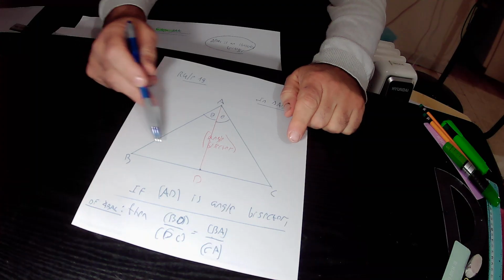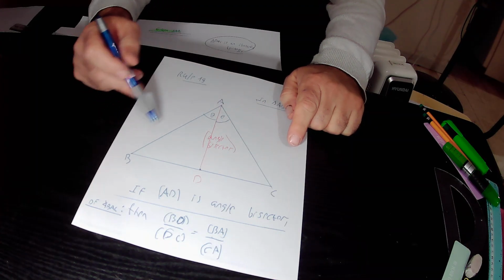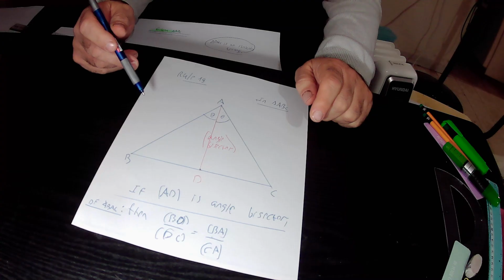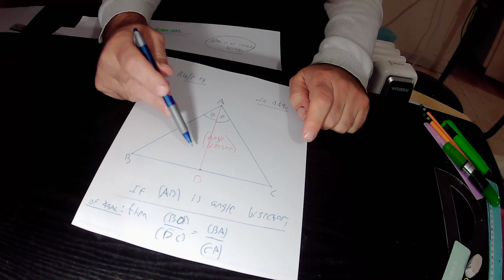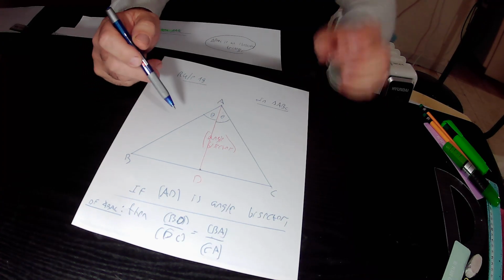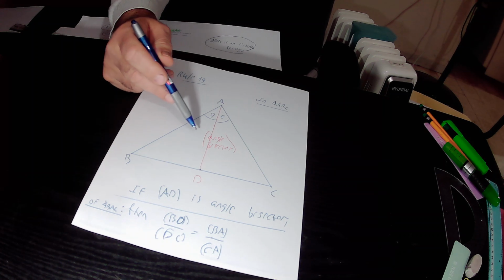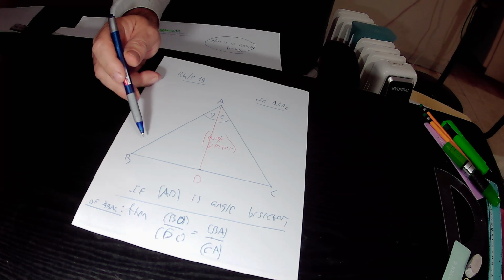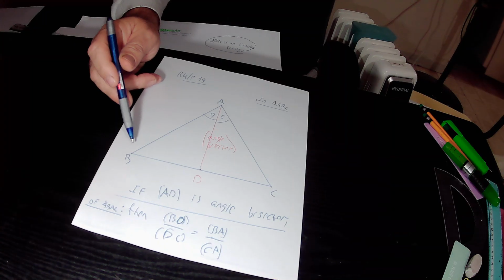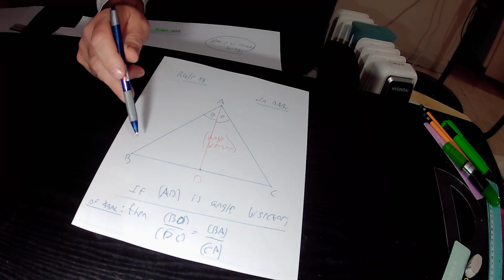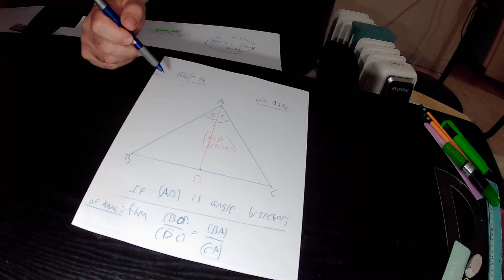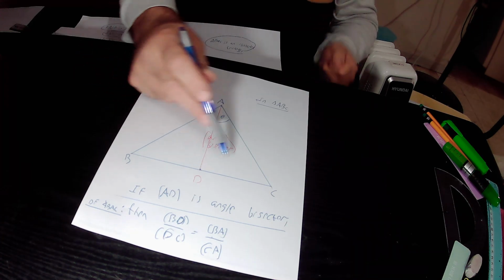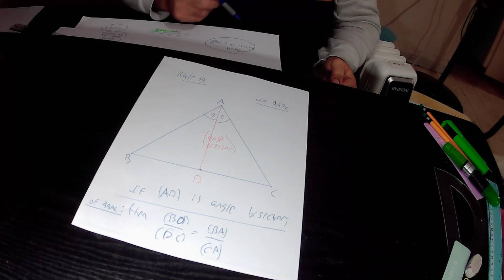That is to say, BD over DC equals AB over AC. Again, BD over DC equals BA over AC.